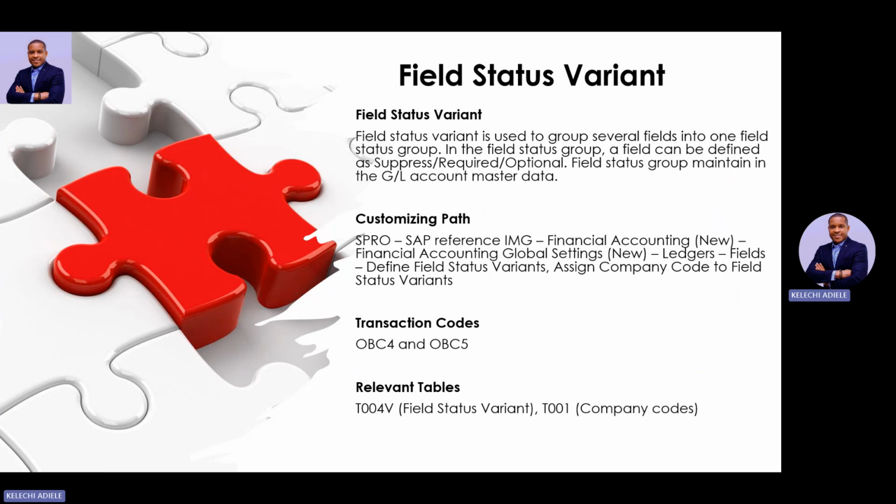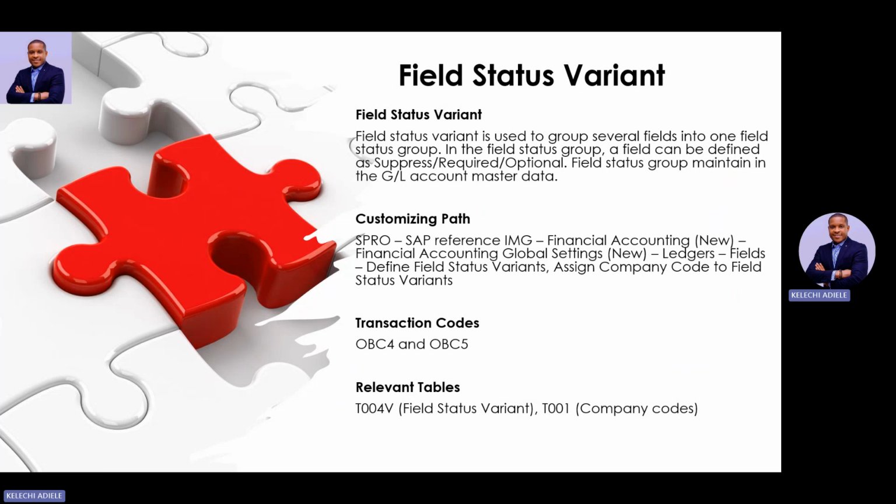And status means what is your current status with those tasks that you're carrying out. So a field status variant is used to group several fields into one field status group. In the field status group, a field can be defined as suppressed, required, or optional, and the field status group, of course, is maintained in the GL master data.